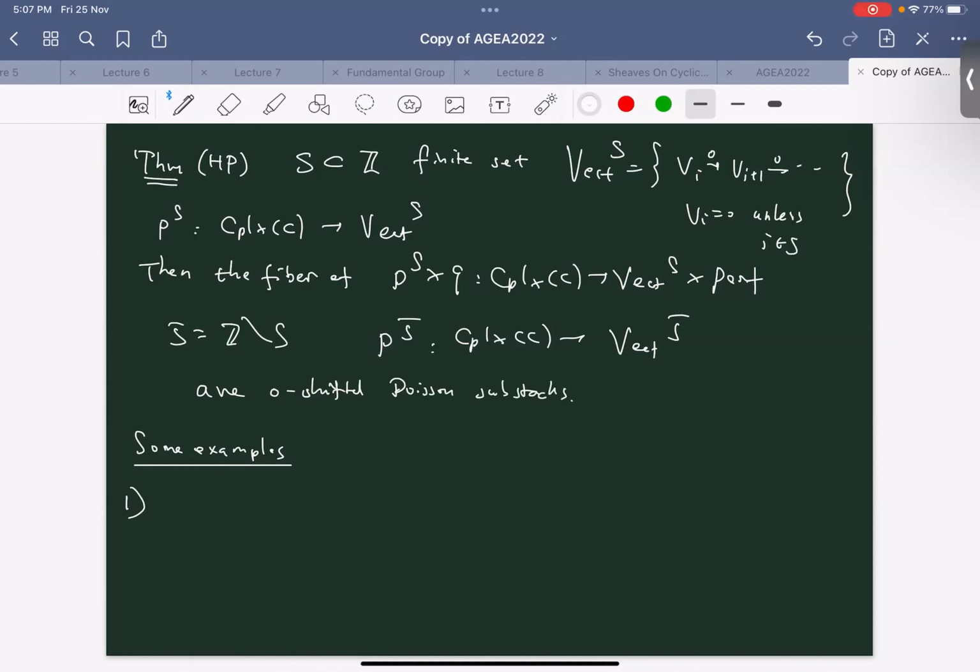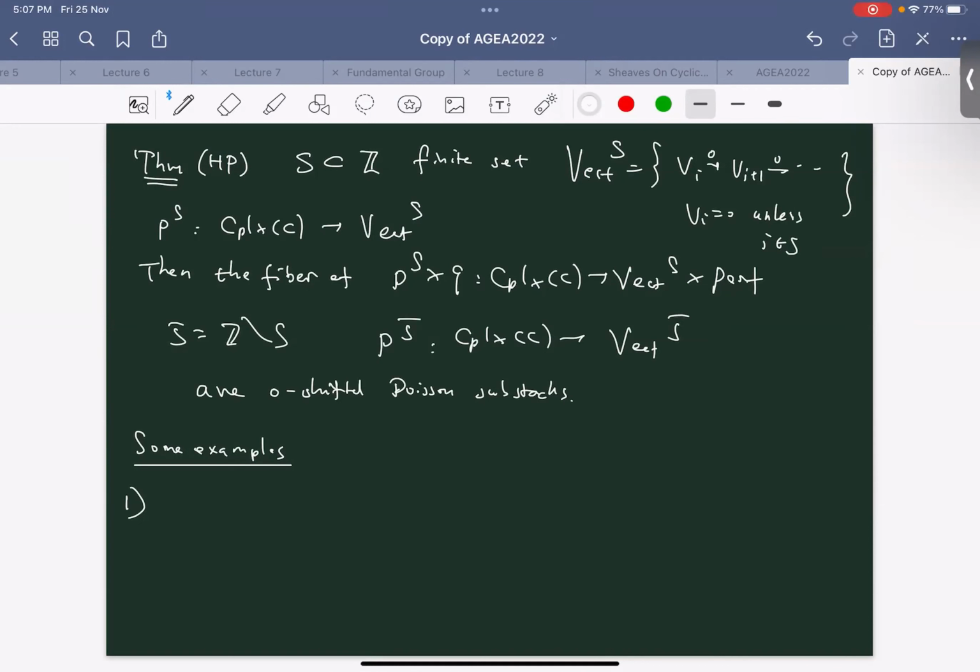So by taking the fiber, what are these maps? This map really means I either fix some vector bundles or fix the rest of the vector bundles and the quasi-isomorphism class. These conditions are Poisson. So this is exactly what this theorem says: they are Poisson substacks.